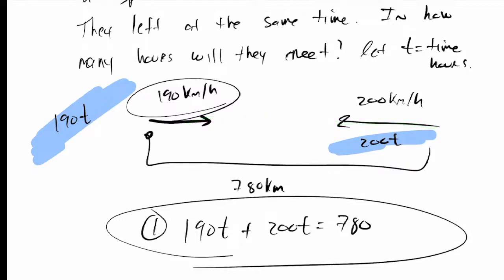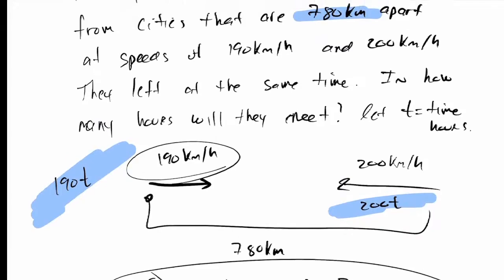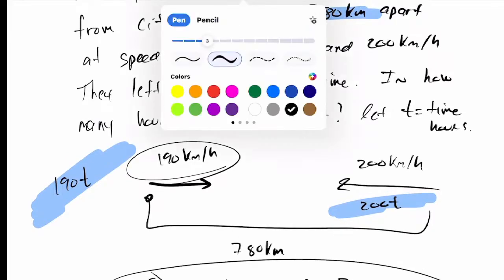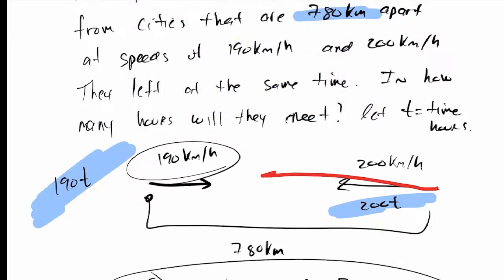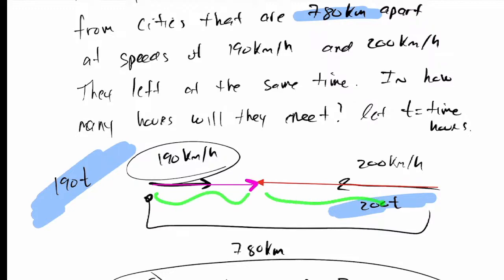So once the sum of their distances equals 780, which is their distance apart, they must meet, right? Like when these two arrows, let me draw it in red, when these two things actually cross here and meet one another, like that, when that happens, the sum of this plus the sum of this has to equal your 780.